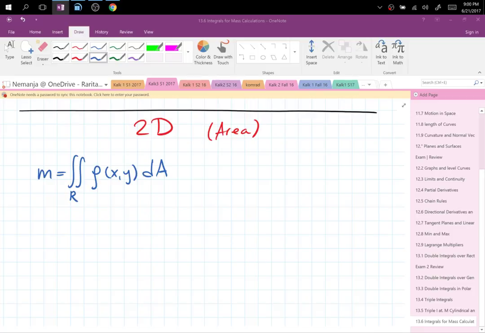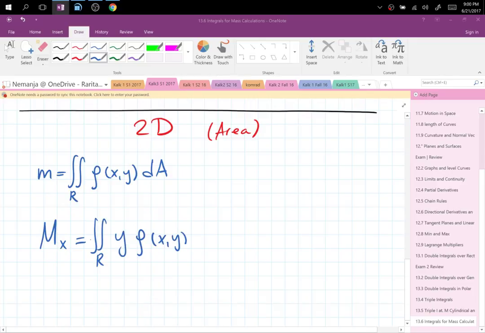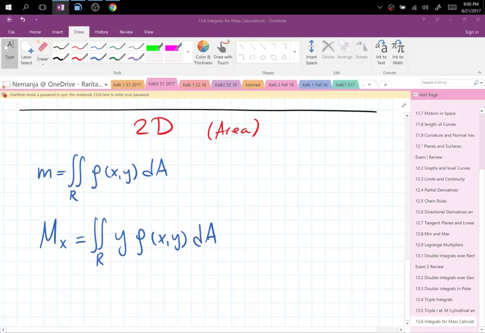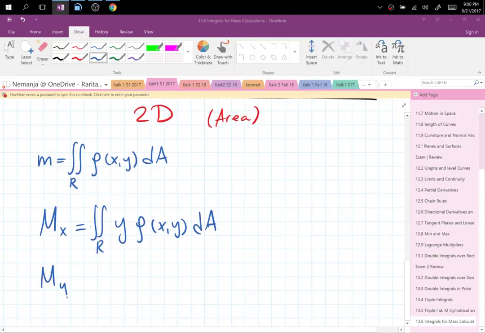I have the moment of x, and the moment of x is given as the double integral over region R of y rho x y dA, and then M y is the same thing, except now we have x there.